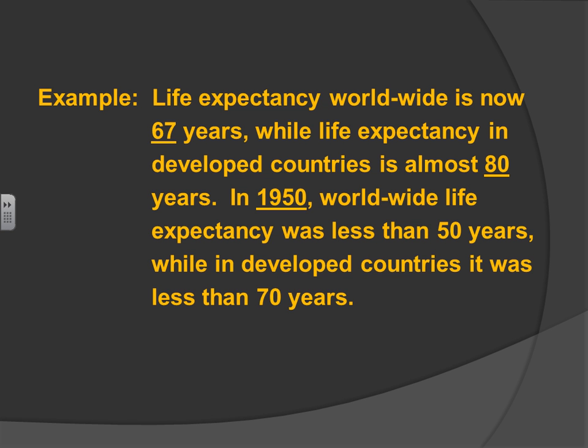So in the 60 or so years since then, life expectancy has increased by more than 10 years. So in other words, everybody who's born is probably going to stay alive a little longer, and that means more people alive at the same time.